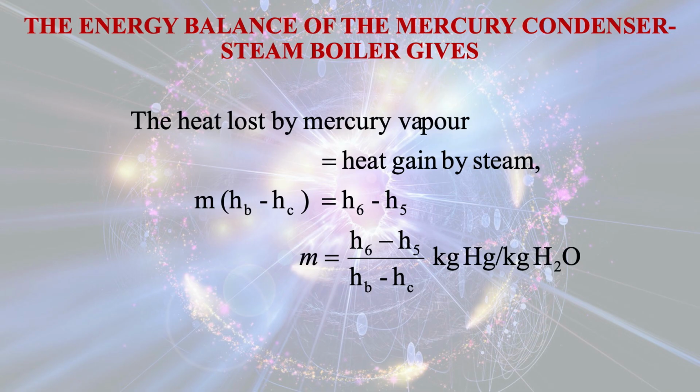So you can calculate the mass of mercury, that comes out to be m equal to H6 minus H5 divided by Hb minus Hc. Unit is kg of Hg per kg of water.